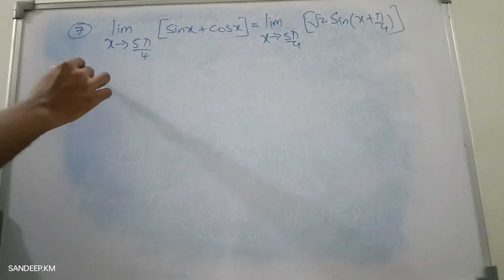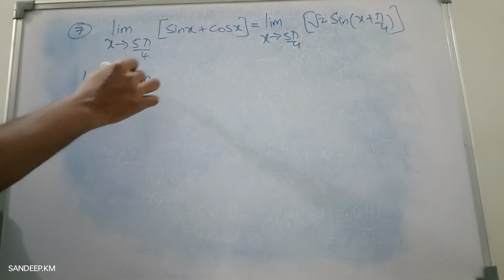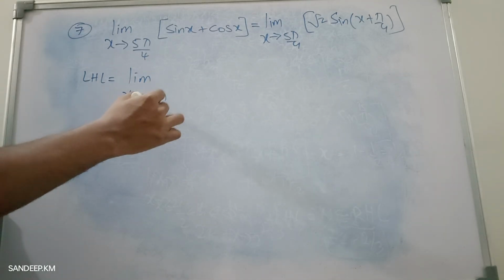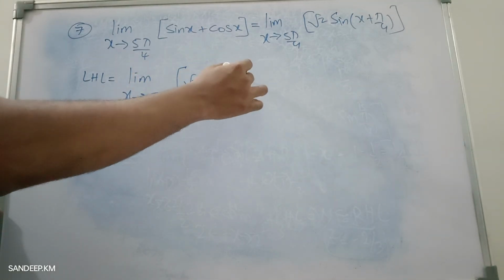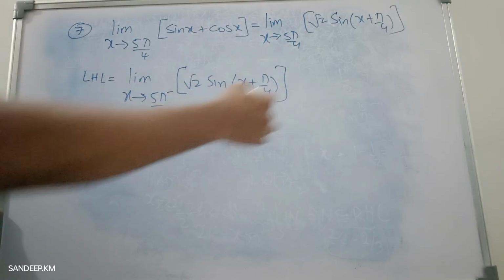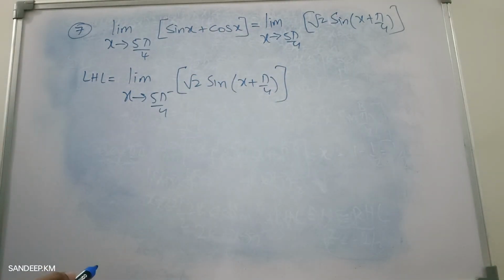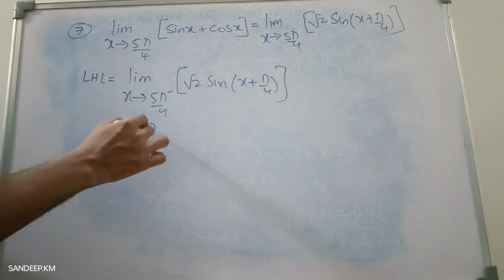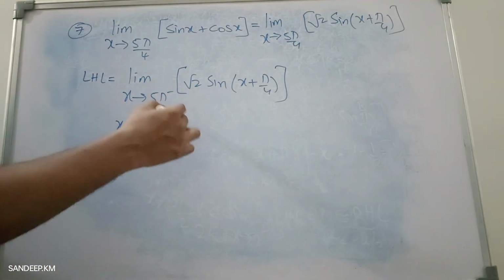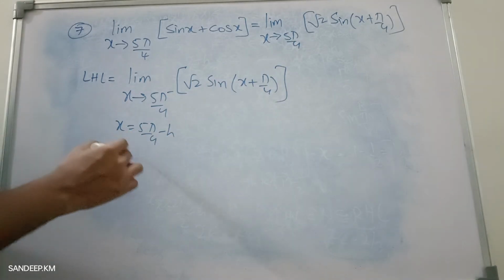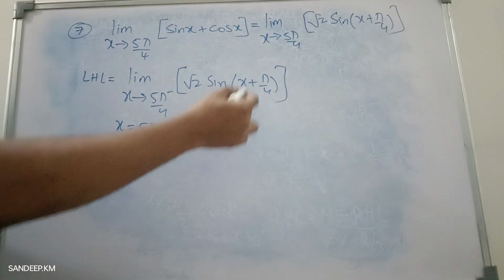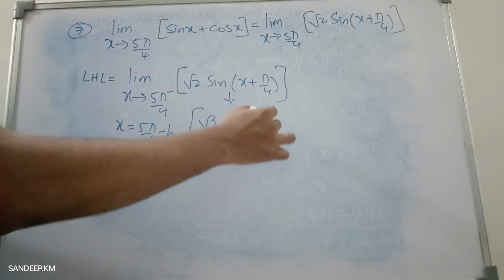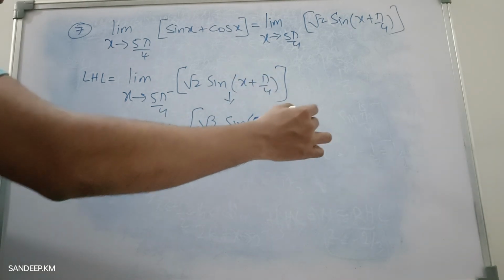Now, using this form, let me find LHL and RHL. So LHL, limit x approaches 5 pi by 4 minus, step of root 2 into sin of x plus pi by 4. And instead of x, what are we going to write? 5 pi by 4 minus h, because x is equal to 5 pi by 4 minus h only. So it is equal to step of root 2 into sin of, instead of x, we write 5 pi by 4 minus h, and plus pi by 4.